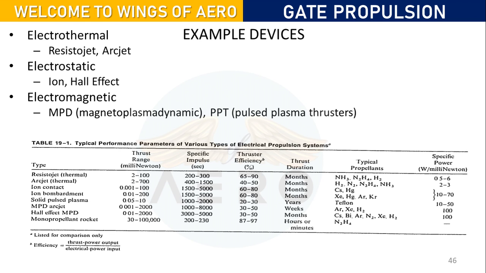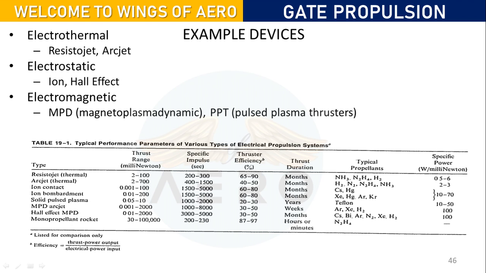Then after monopropellant, next we have arc jet. After arc jet, we have the solid pulsed plasma. Then ion and Hall effect remain almost the same. Then the highest peak is the MPD, the magnetoplasma dynamic, which has the maximum specific impulse. So you should know which among these has the highest specific impulse.